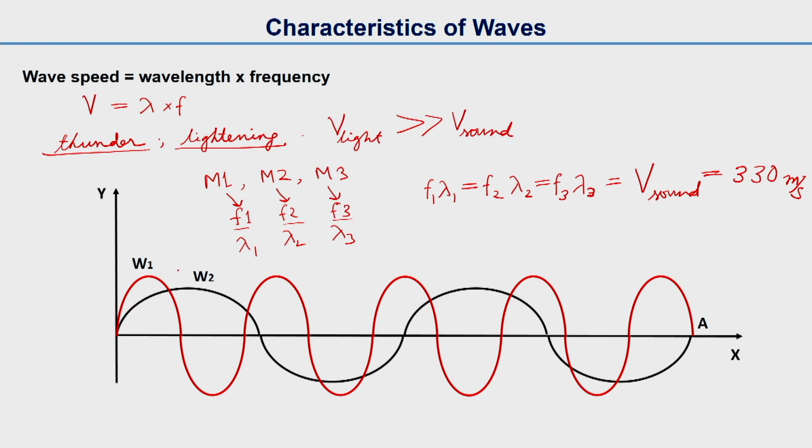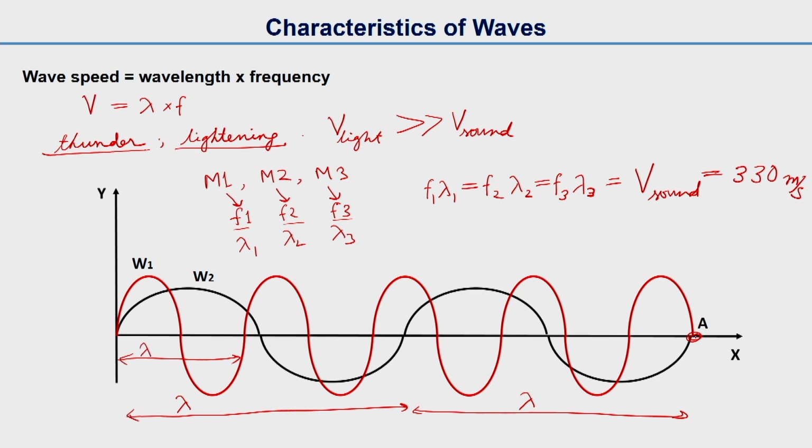We know that sound is basically a longitudinal wave, but here what we are showing is the black wave, with the black line. It has a large lambda. Actually this is lambda. There are only 2 cycles completed till point A, and in the red one this lambda is smaller.